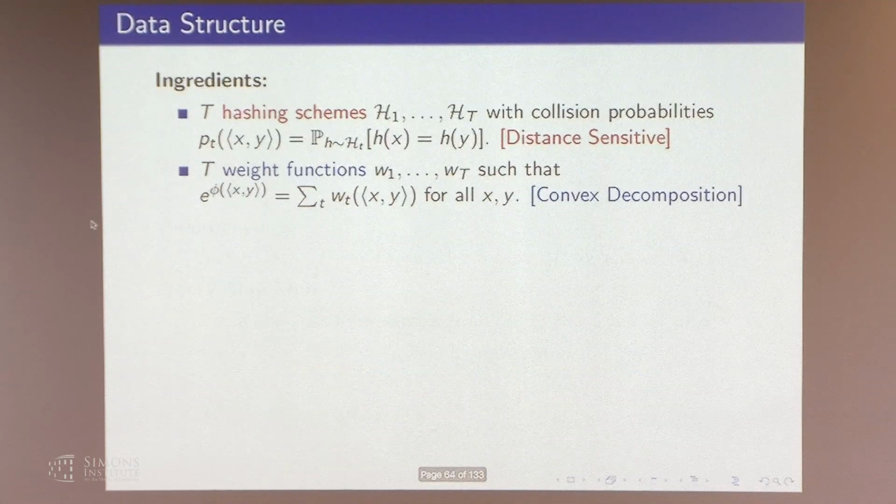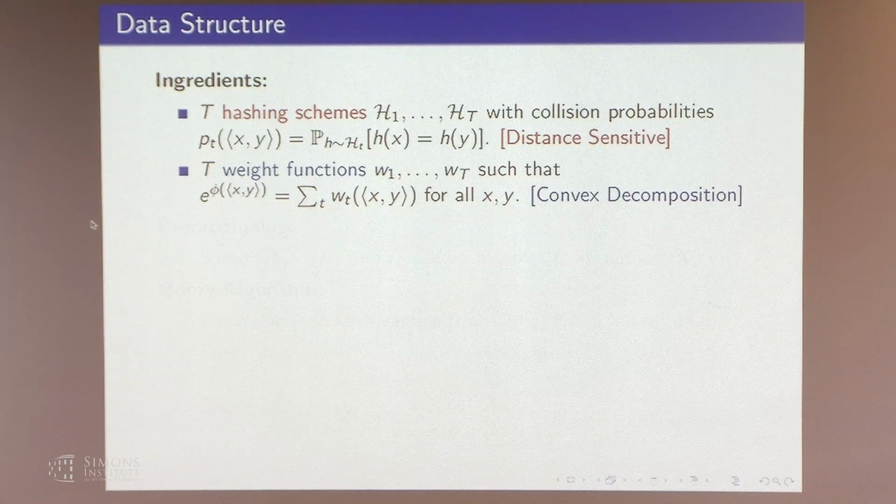So let me tell you what's new in this data structure relative to what you've seen before. Earlier, we had one family of hash functions, and we built our hash tables using this one family of hash functions. In this, we're going to do something slightly different. We're going to have t different families of hash functions, h1 to ht.